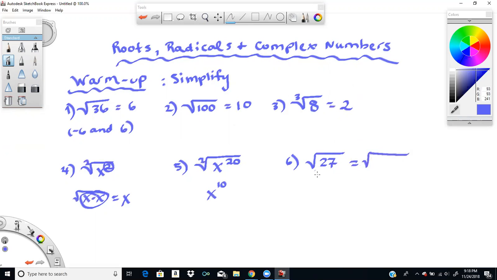We can break 27 down into a perfect square factor. So we can do 9 and 3. The square root of 9 is 3, and we're left with the square root of 3. So that's simplifying.